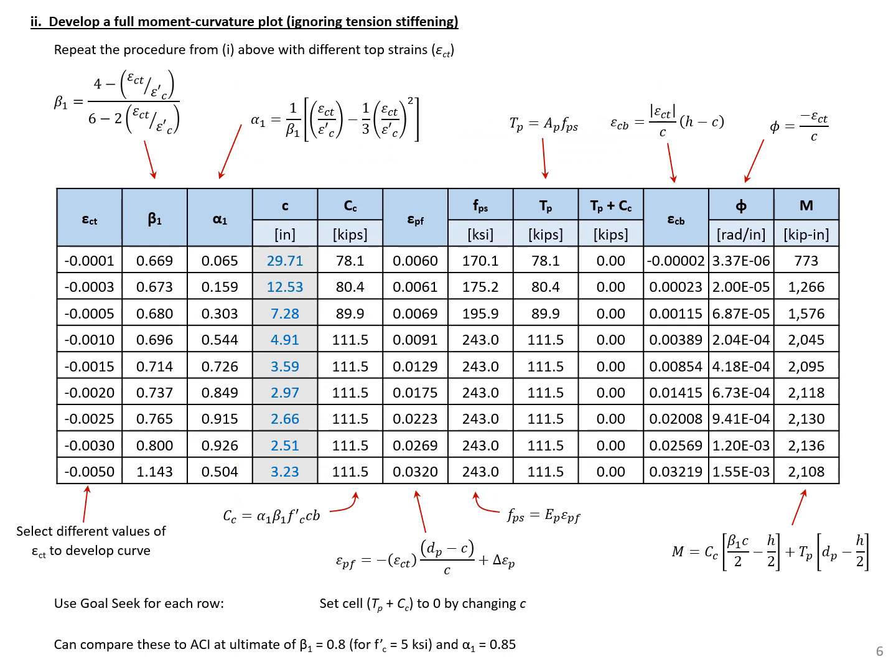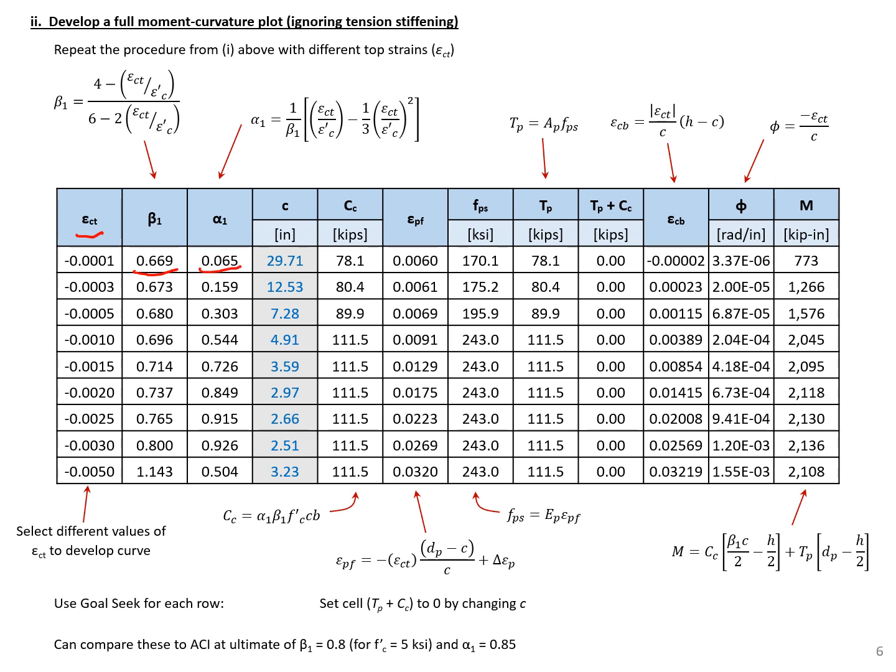On this slide, you can see the Excel sheet that I developed to develop a full moment curvature plot using the rectangular stress block approach from Collins and Mitchell. You can see that we vary the top fiber strain. So we select different values for this top fiber strain, and for each value, we calculate the beta 1 and alpha 1 values that accompany it.